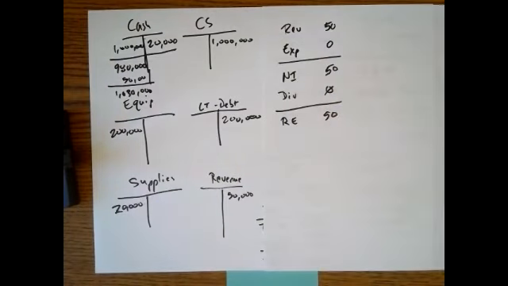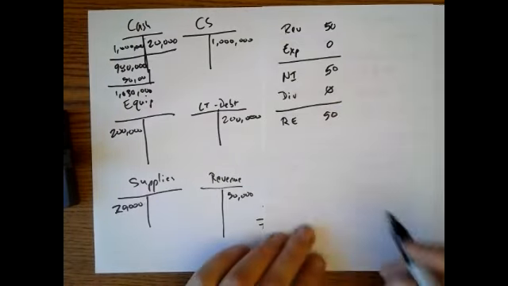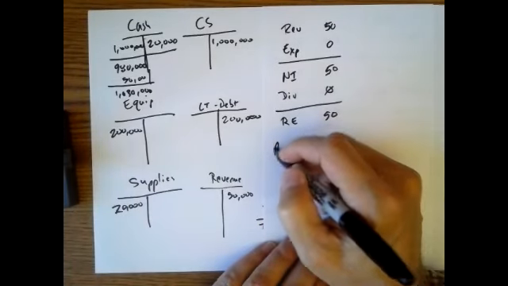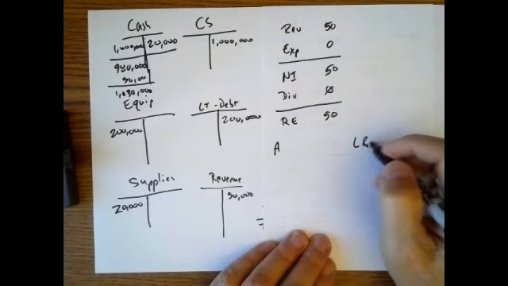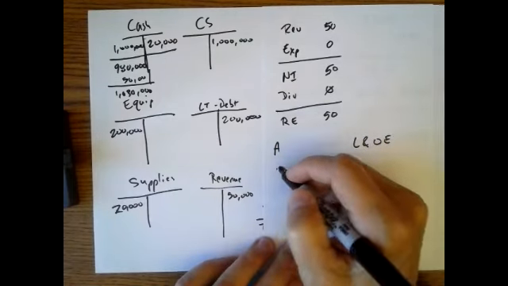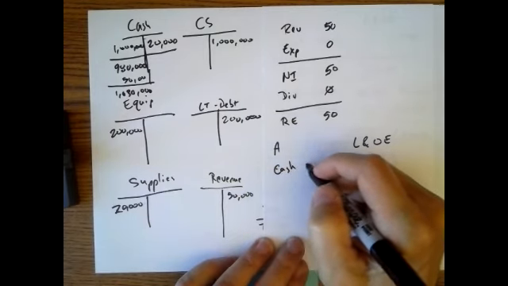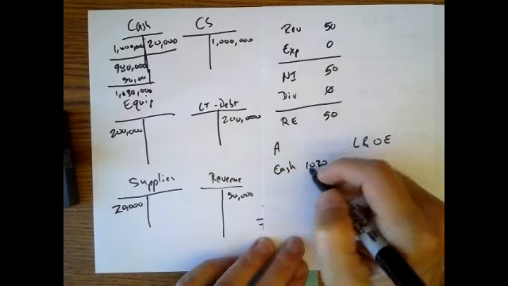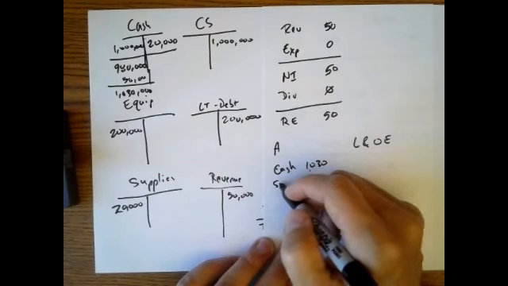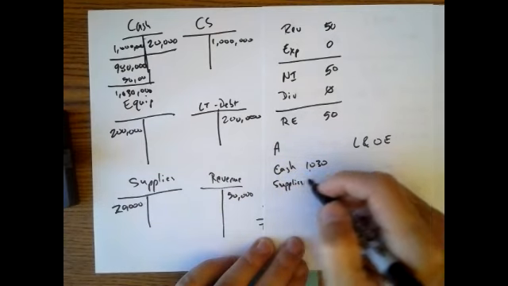Okay? So what we're going to do now is our final balance sheet, where we have assets and liabilities and owner's equity, and we have cash of 1,030. We have supplies or inventory. I think I said inventory last time.